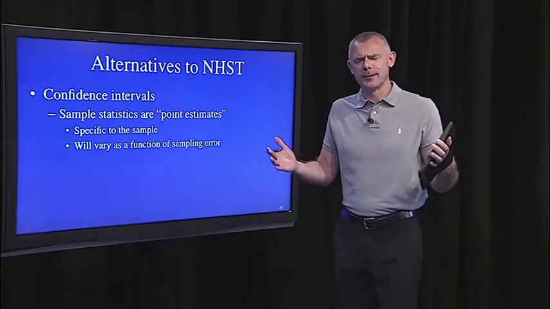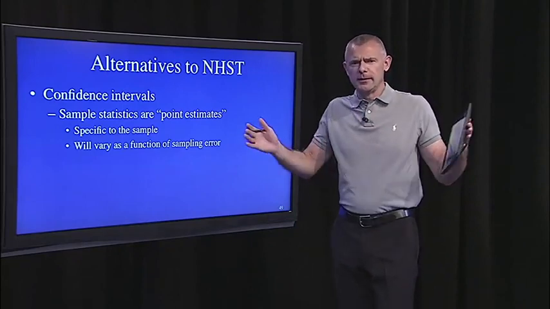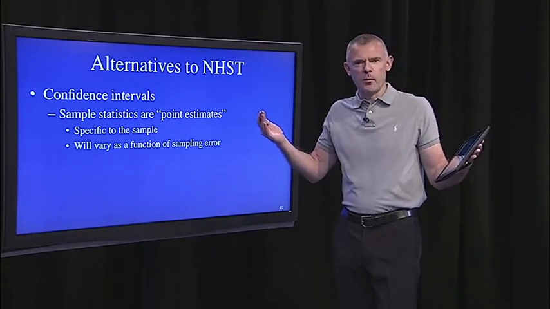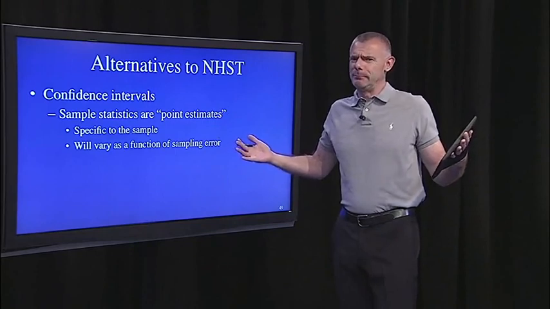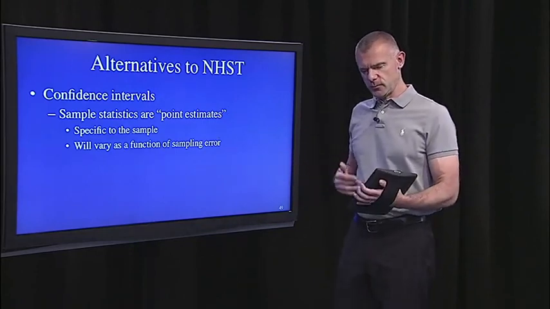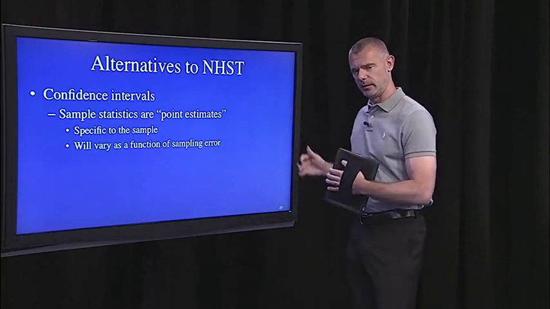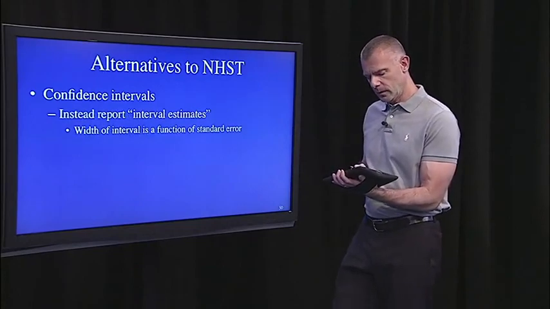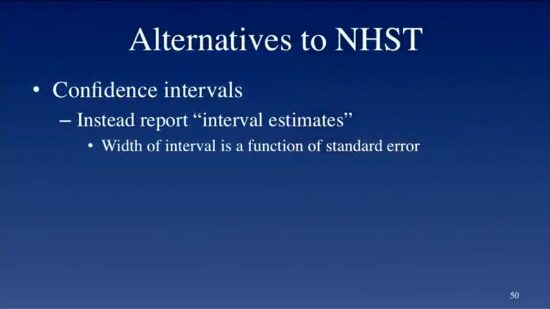It's embarrassing to say, well, I think the correlation is 0.7, but then if you say, what are your confidence intervals, it's 0.5 to 0.9, then you've got a really big range. And that's true often when we have small samples and big sampling error. And we'll see that in action in R. So what I'm saying here is just you can report interval estimates, and they're a function of standard error.